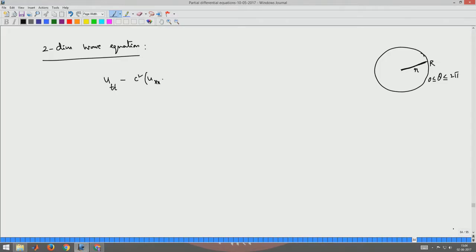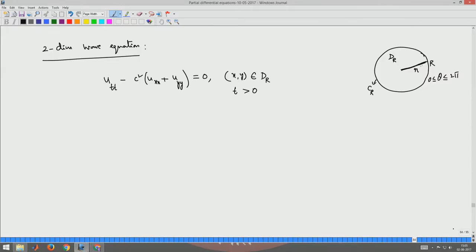Now because it involves two spatial dimensions, what you have is plus u_yy equal to 0. Here (x, y) belongs to the disk, which we call D_R, and the circle is called C_R. And t is greater than 0. So this is the domain, and this is your second order two dimensional wave equation.